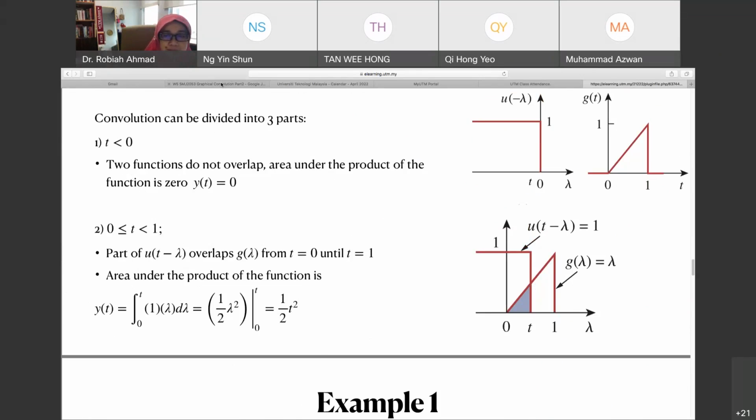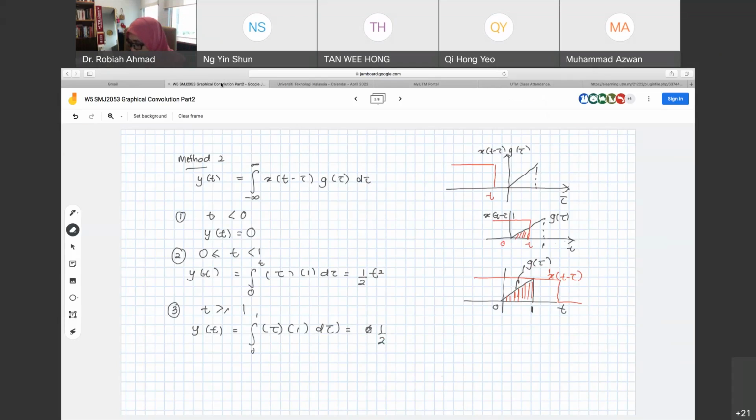Let me finish it, because if I write it like this, everyone in class will do the same. So I put the answer, y(t), as 0, t squared over 2, and 1 over 2, for t less than 0, t from 0 to 1, and t more than 1. So this should be the final answer.